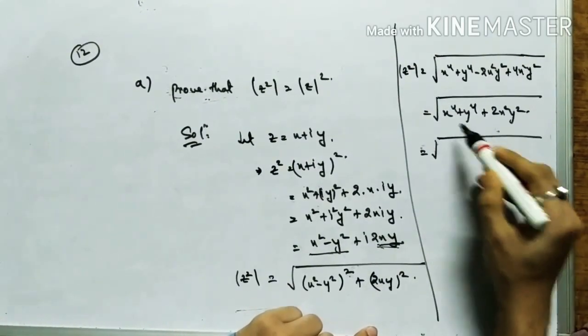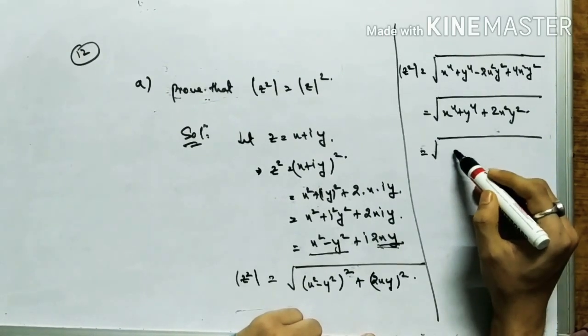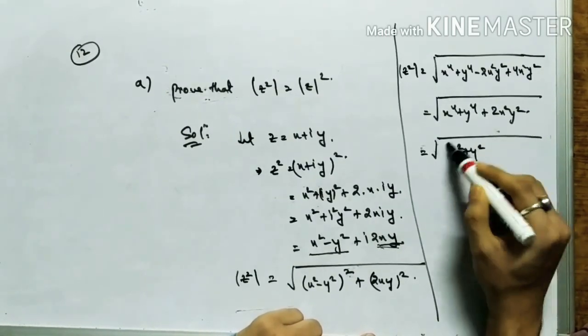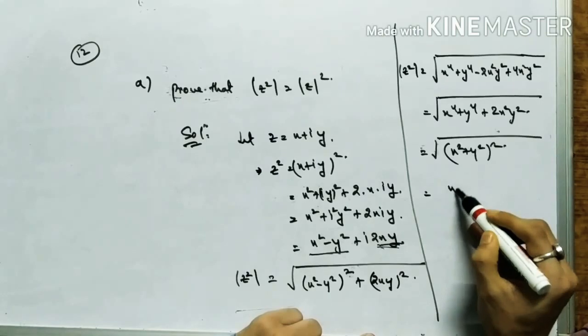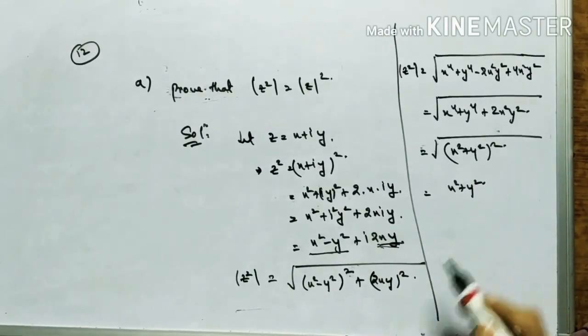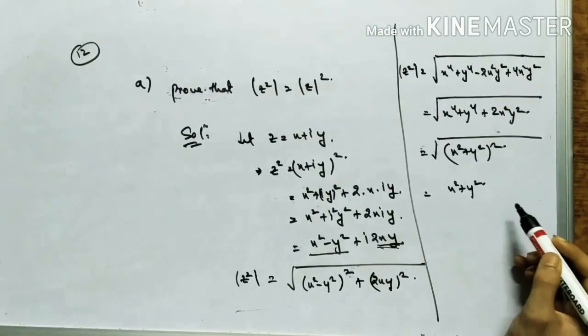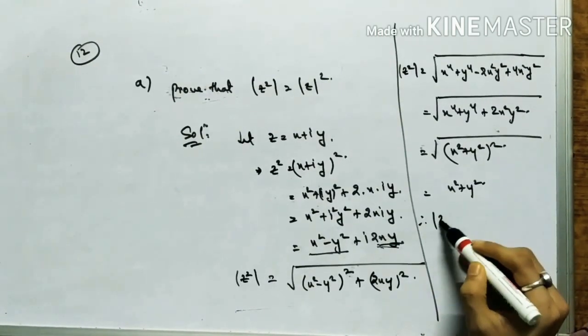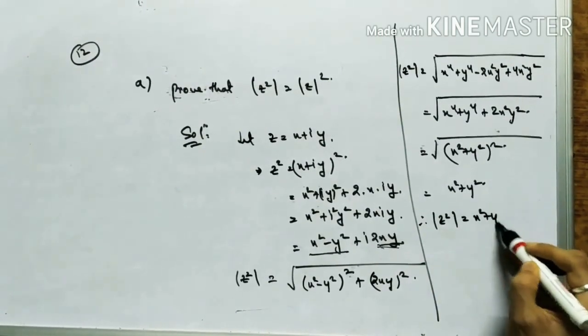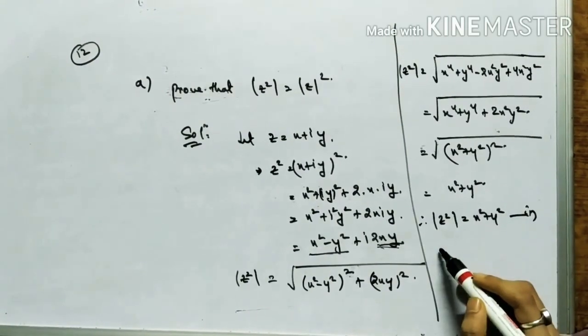This becomes (x square plus y square) the whole square under the root, so it equals x square plus y square. This is equation 1.